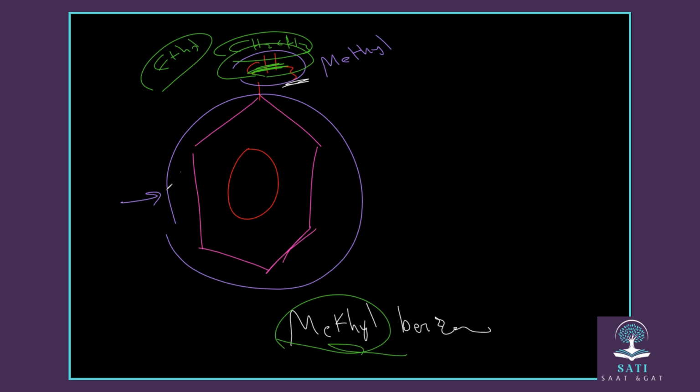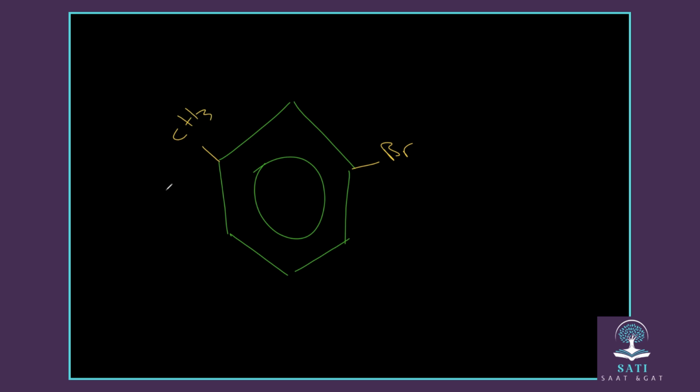Okay, what about if I have two attached groups? This is now the circle, then we have here, for example, bromo, and here for example methyl, which is CH3. What do I name this one now?